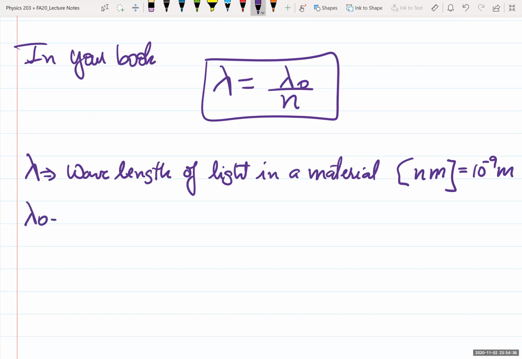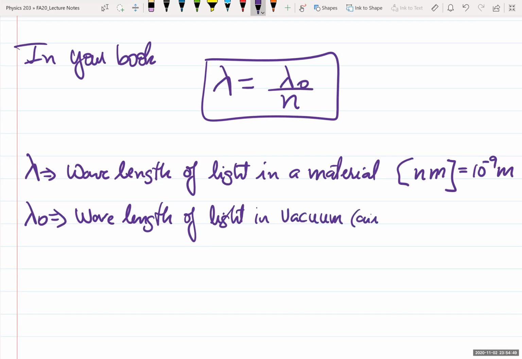Lambda sub zero is the wavelength of light in vacuum, but also in air, also measured in nanometers.